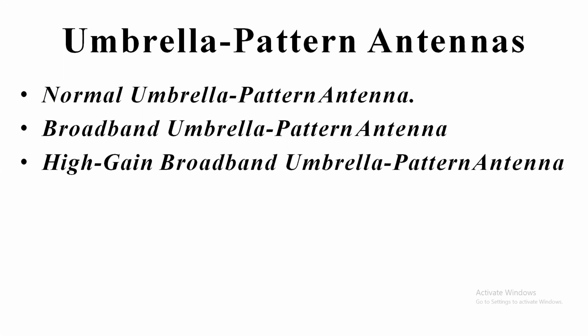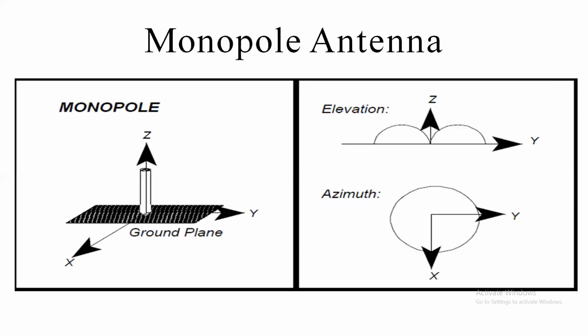There are three types of antennas for umbrella pattern antennas. These are used for cell site antennas. That means these can be used at a cell site, right?